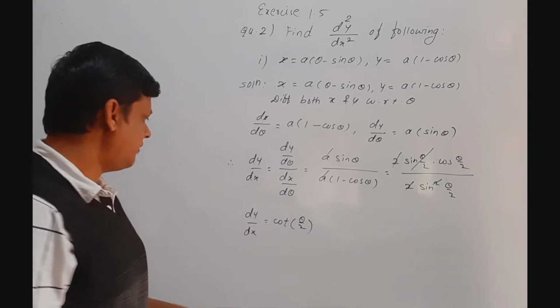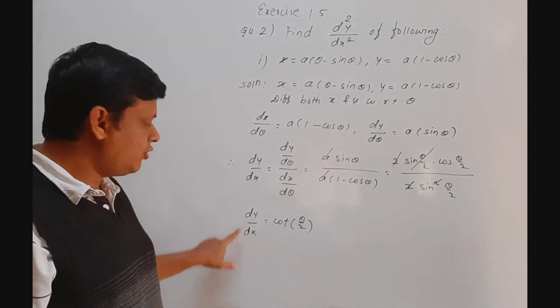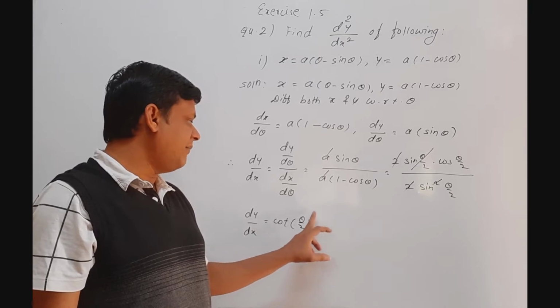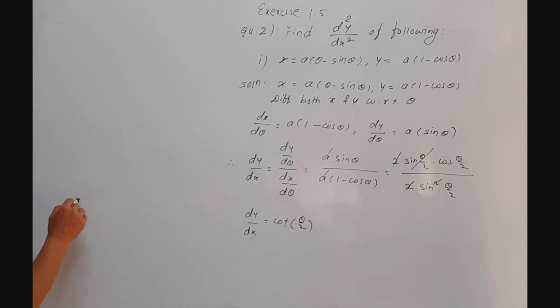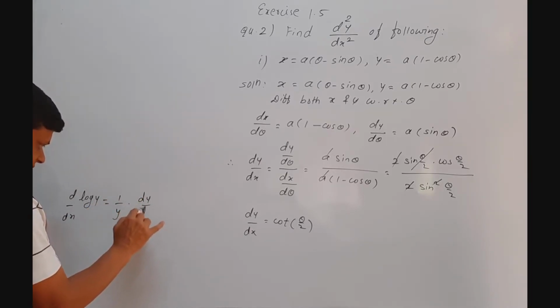Now this step is important. Now we have to find d2y by dx2. But here on the RHS the parameter is theta. That means when we find the derivative of log y with respect to x, we write the derivative of log y as 1 upon y, then we write dy by dx.